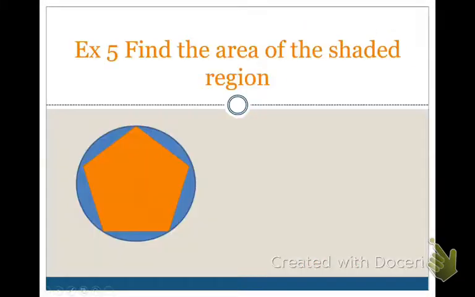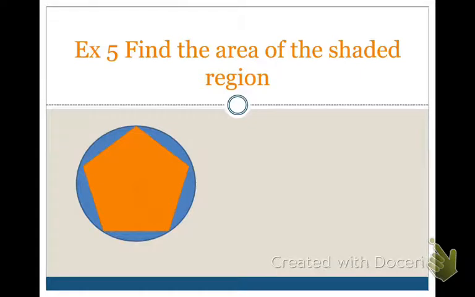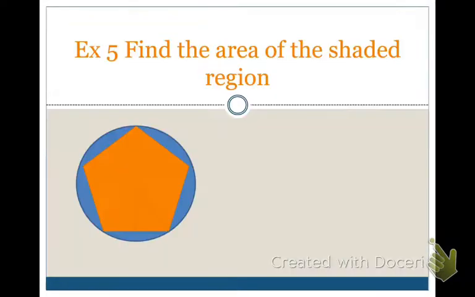So here they went. Okay. Find the area of the shaded region. Looks like we need some more information. We don't have any lengths here.